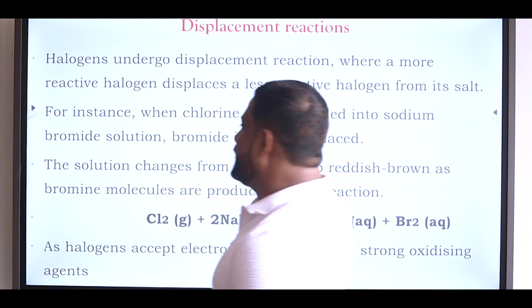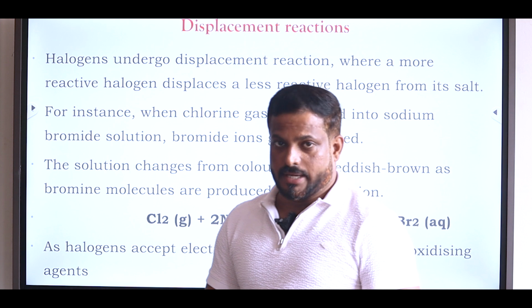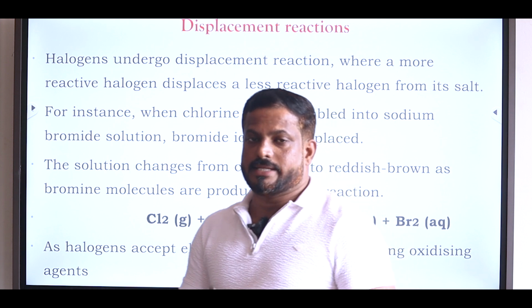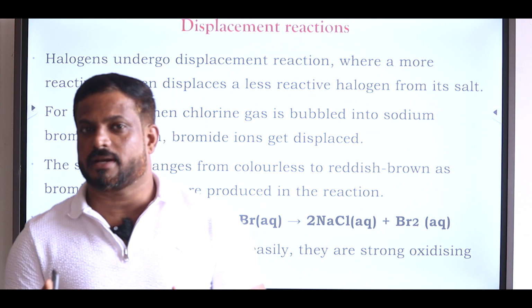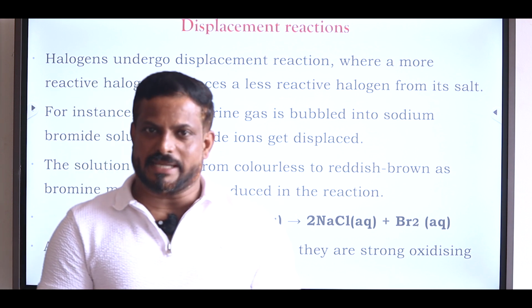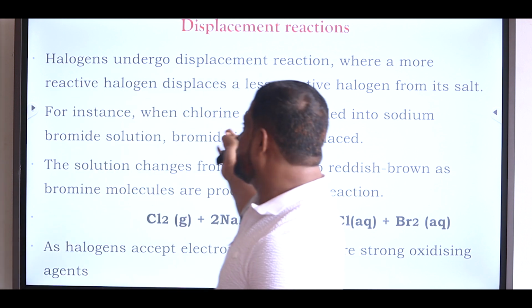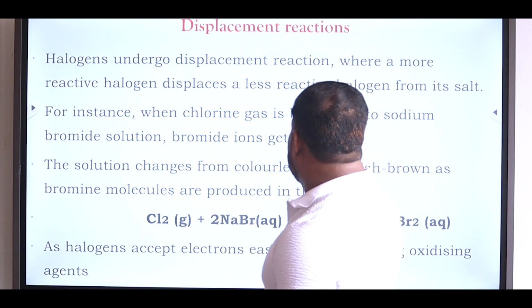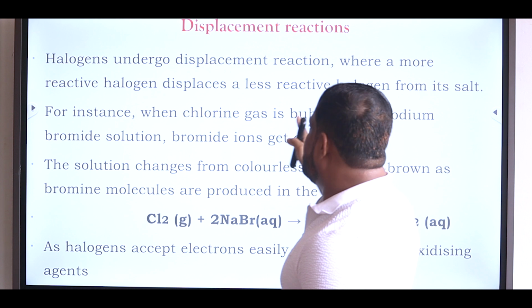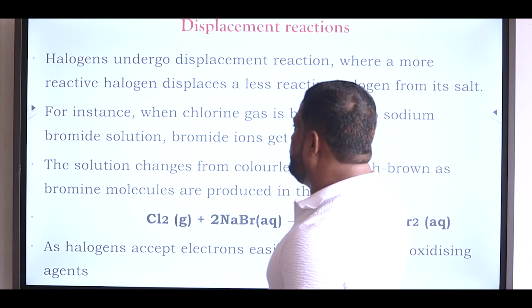That is called a displacement reaction. Clear? A highly reactive metal displaces a less reactive metal from its salt solution. The same way in the non-metal case also. Halogens undergo displacement reactions. A more reactive halogen displaces a less reactive halogen from its salt.